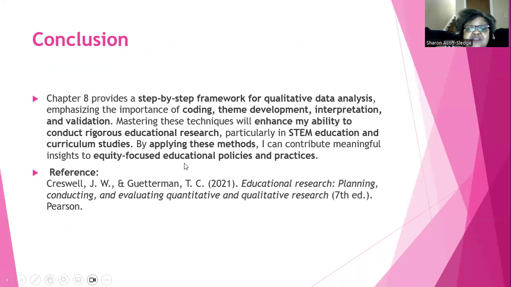In conclusion, Chapter 8 was interesting to me because, first of all, before I entered this program, I did not understand the difference between quantitative and qualitative research.